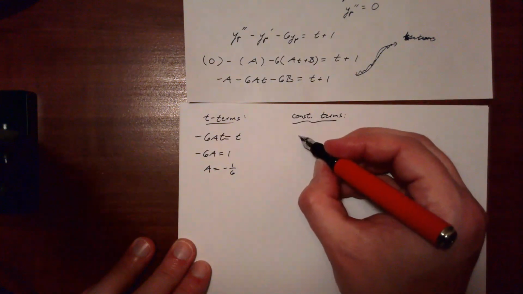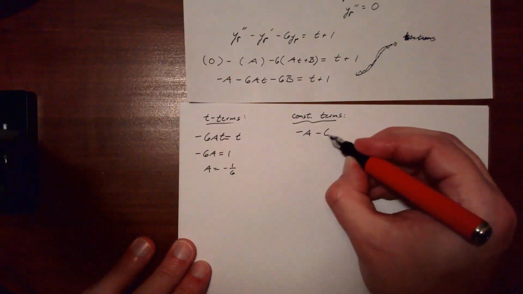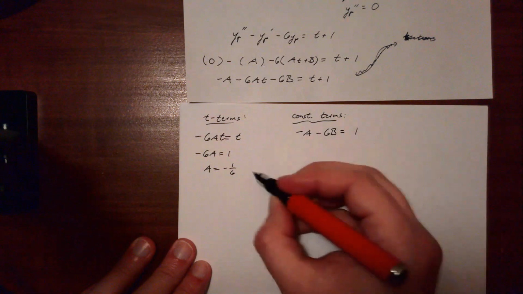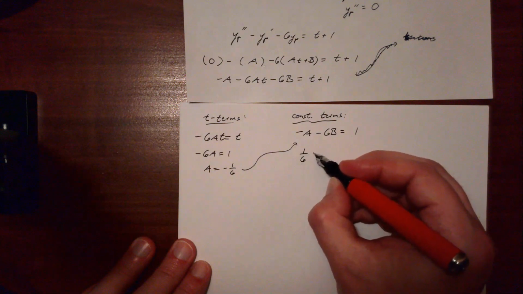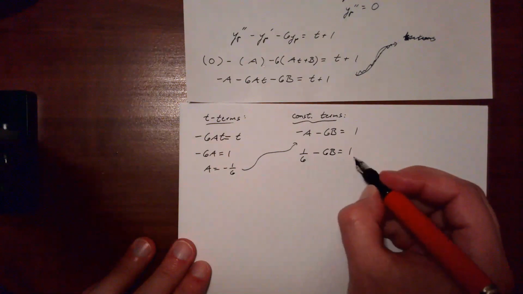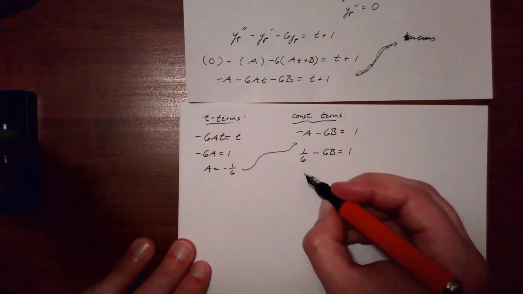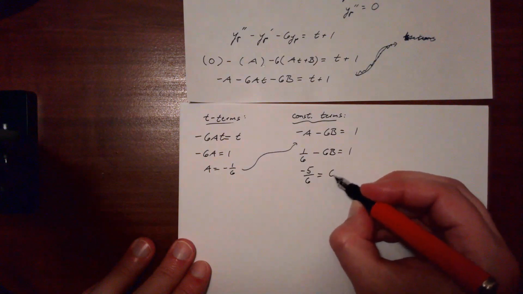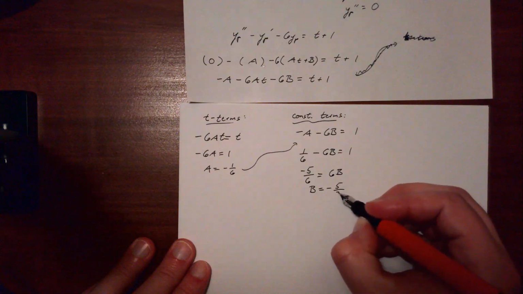If we set those equal to each other on both sides of the equation, we have negative a minus 6b equals just 1. But here, I know the value of a, so this means positive 1/6 minus 6b equals 1, which means then if I were to subtract that, I'd have negative 5/6 equals 6b, meaning b is equal to negative 5/36.